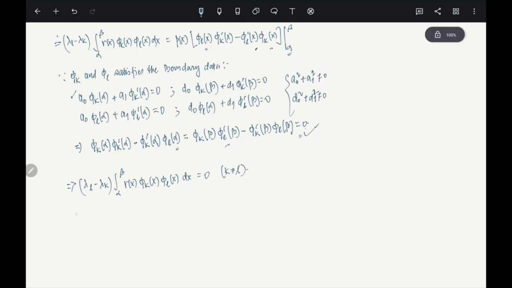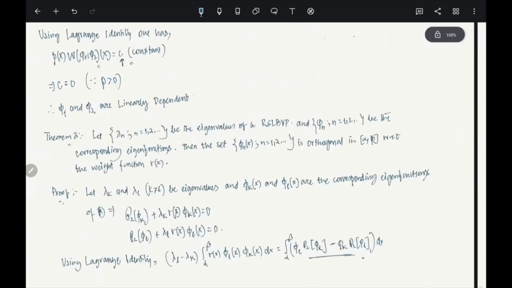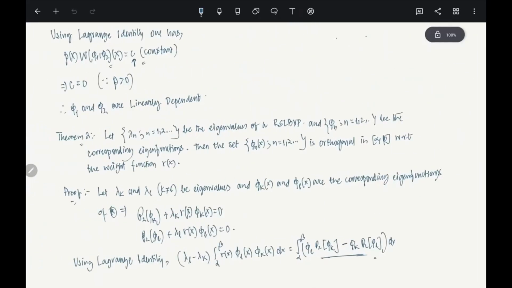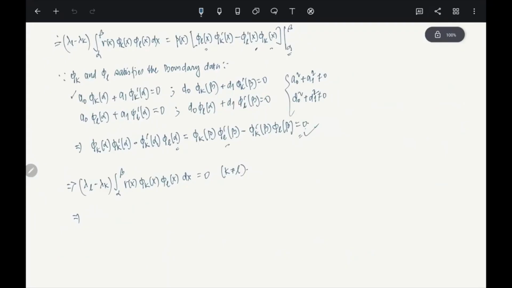Is it okay? Now what does this give you? See, lambda k and lambda l are not the same. This is what we assume. They are distinct eigenvalues, right? So that will imply that the integral from alpha to beta of r of x phi k of x phi l of x dx is going to be 0. Is it okay?